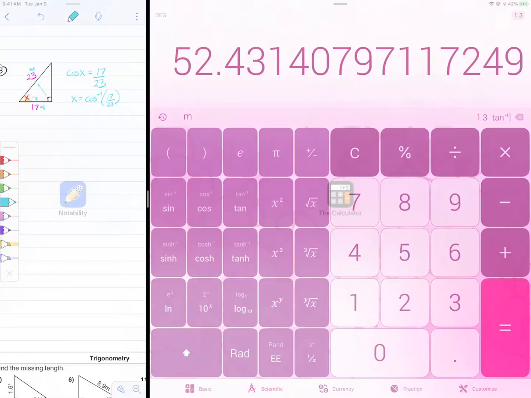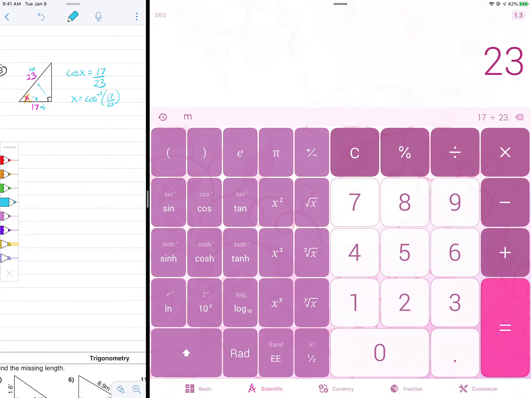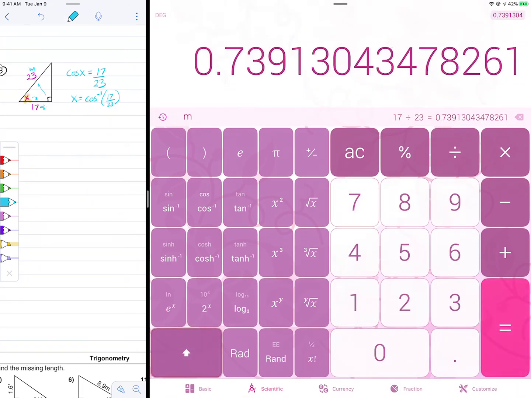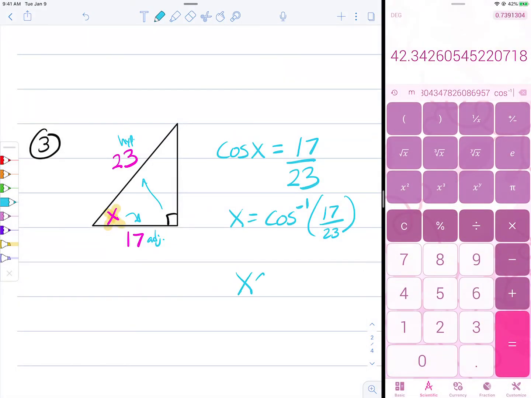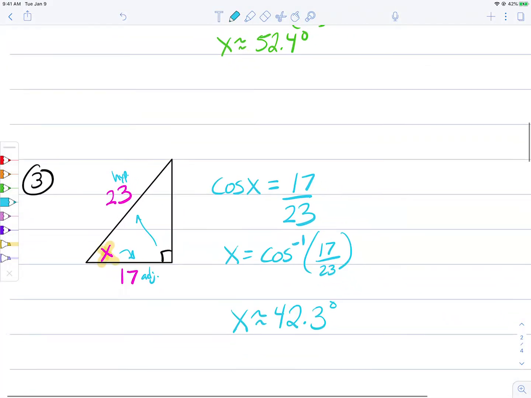So I'm going to do 17 divided by 23 equals, and I'm going to hit my inverse cosine button, and I get about 42.3 degrees. So x is about 42.3 degrees.